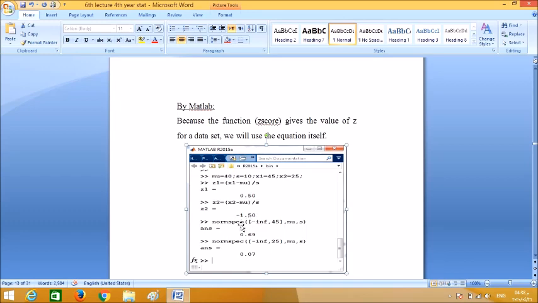So using the normspec function, the first spaces are minus infinity and 45, mu and sigma. Here you have to write mu and sigma, because this is a normal distribution, not a standard normal distribution. So mu equals 40 and sigma equals 10, then the probability is 0.69.